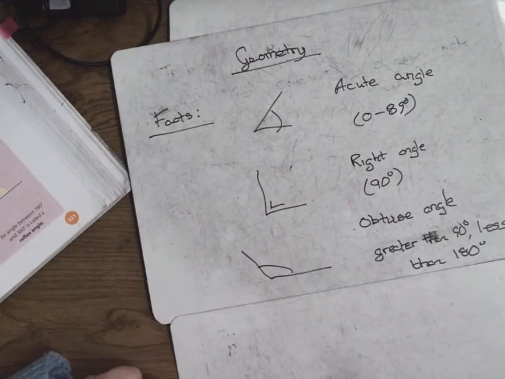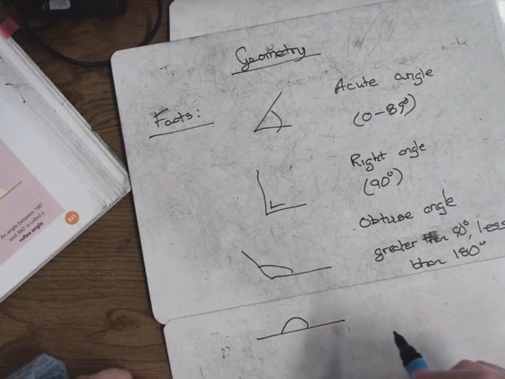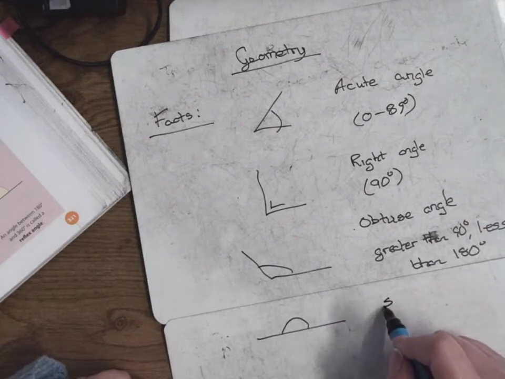A straight angle, a straight line: angles in a straight line add to 180 degrees.